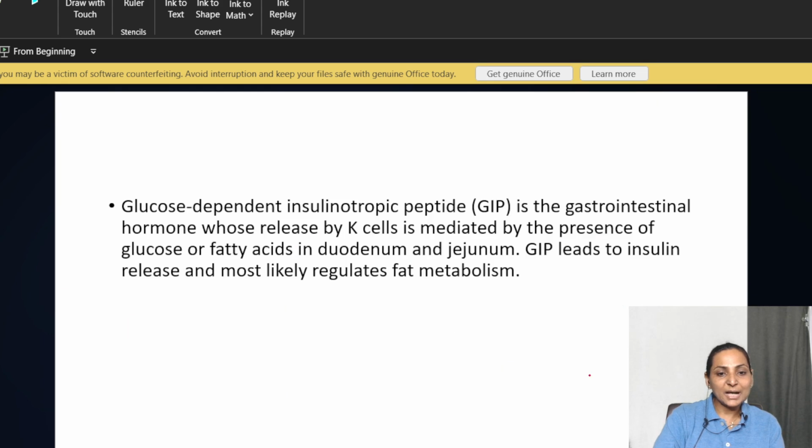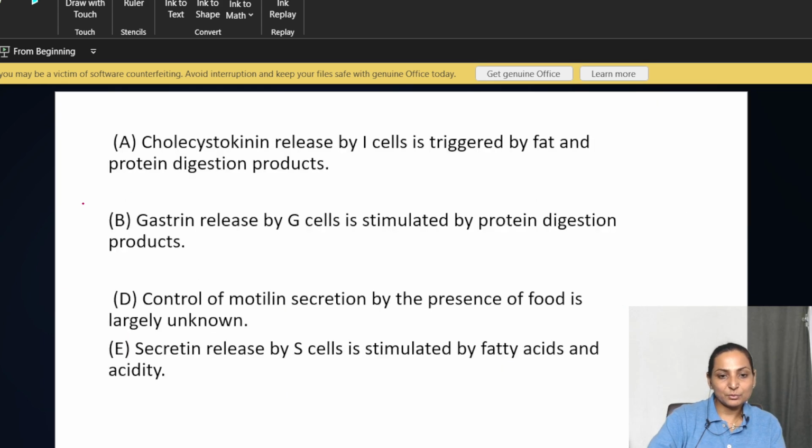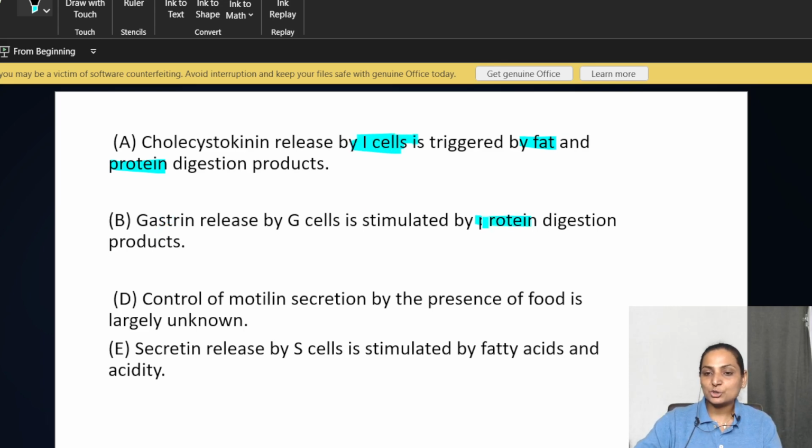If you look at the other hormones, remember, cholecystokinin is secreted by the I cells and is also triggered by fat and protein. Gastrin is mainly triggered by the products of protein digestion and comes from the G cells. Motilin secretion is largely because of the presence of food.